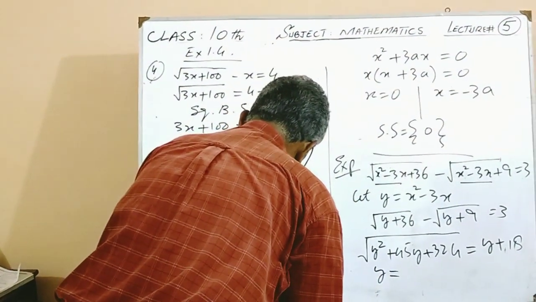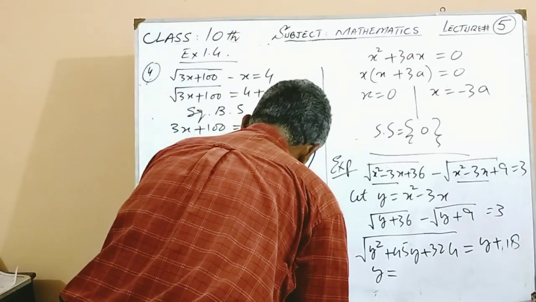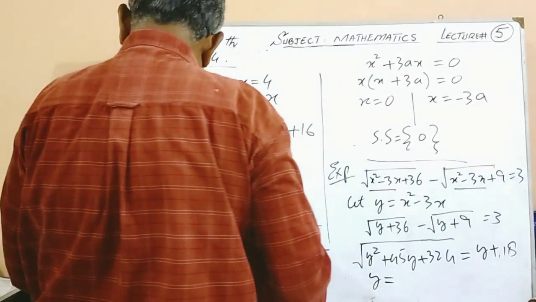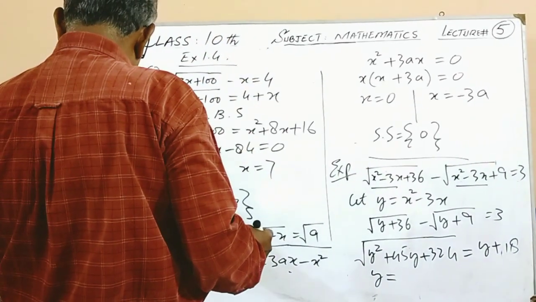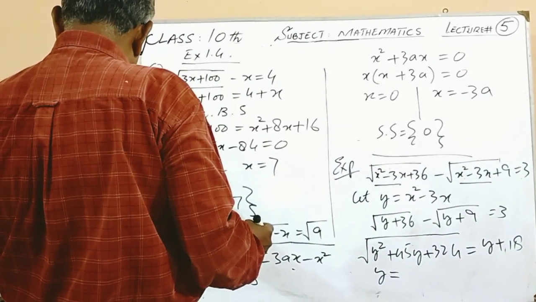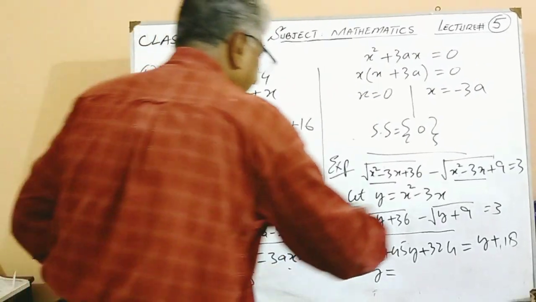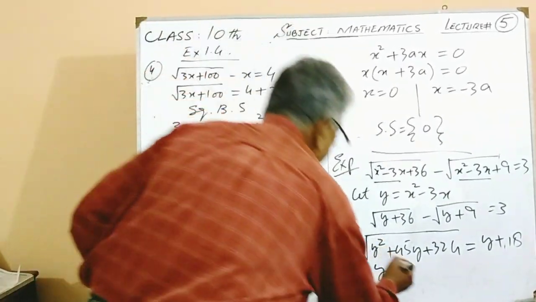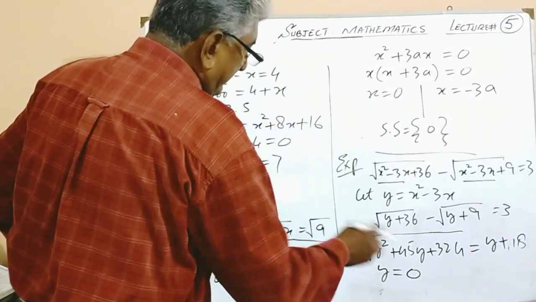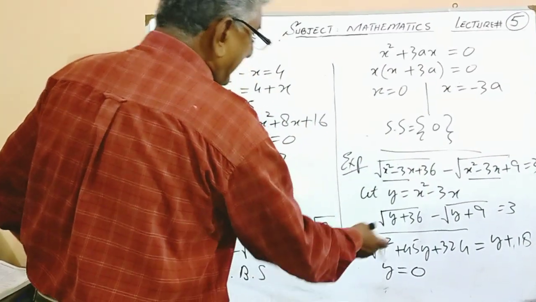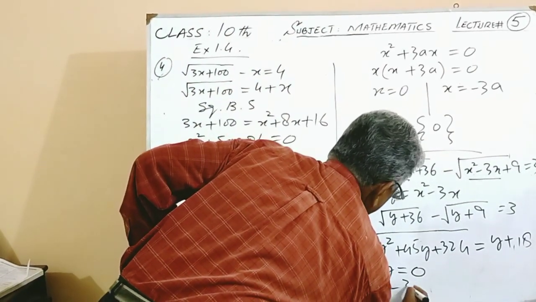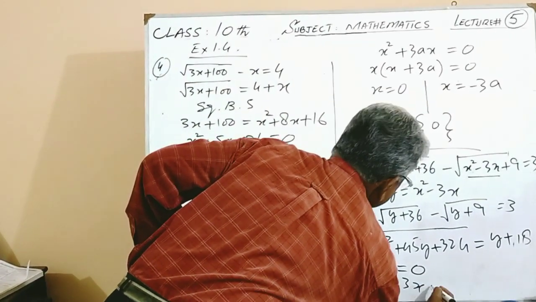One value is 0 and the other value, again squaring both sides, you will get two values, and you will see that yes, after simplification there will be only one value, that is y is equal to 0. Now you have to put the value of y, that is x square minus 3x. x square minus 3x is equal to 0.